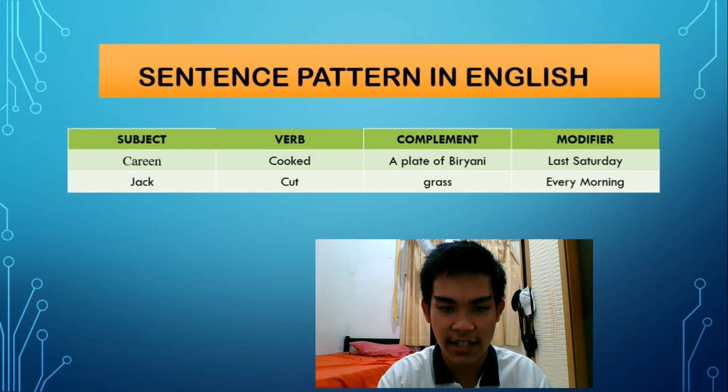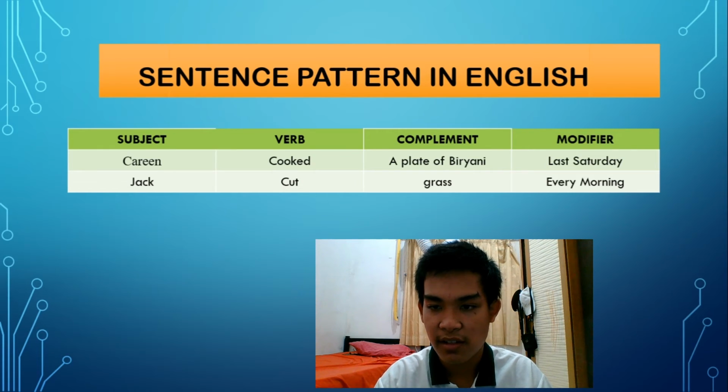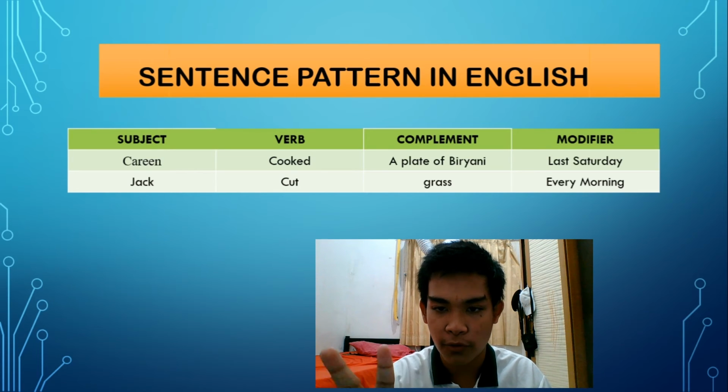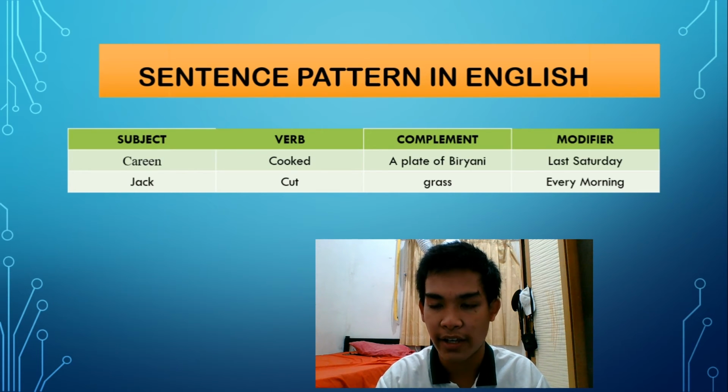I have given you an example like this. The subject is Karen and the verb is cook, and the complement a plate of biryani, and the modifier is last Saturday. So if we combine it together, it will be like this: Karen cooked, with verb 2, a plate of biryani last Saturday.